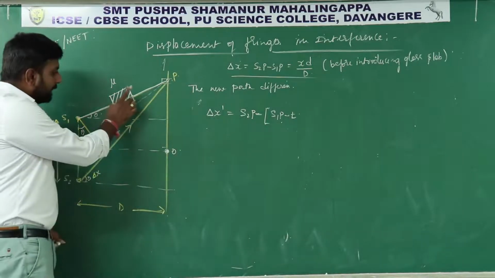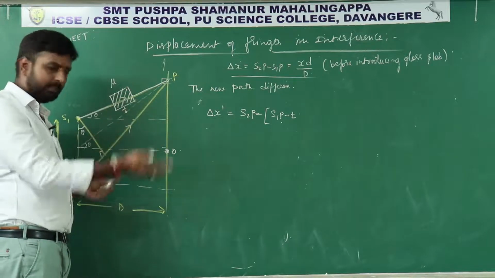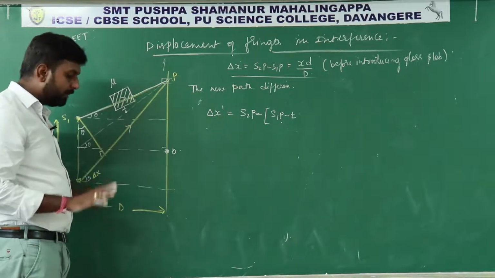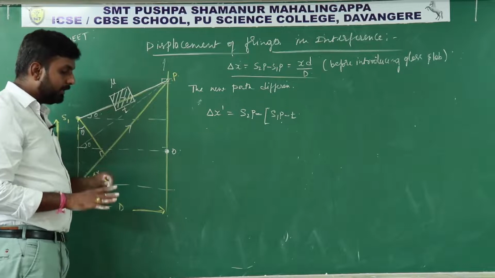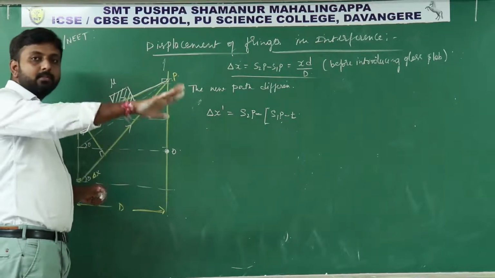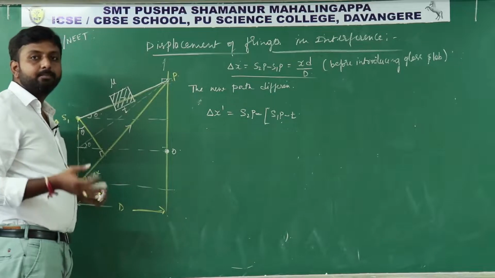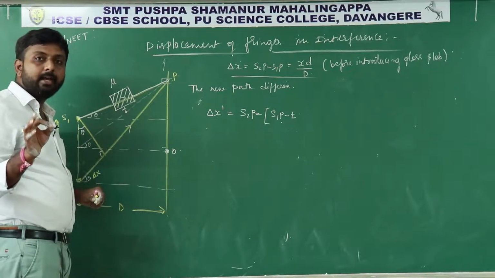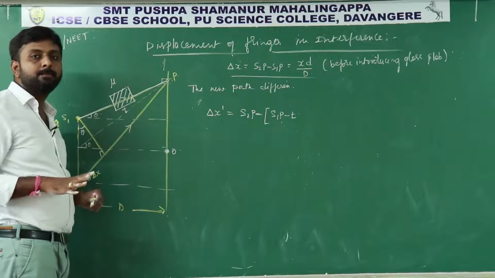But what we have to neglect is this distance; the distance travelled in glass medium we cannot neglect. We have to convert the distance travelled in glass medium into distance travelled in air medium, which means we have to find the equivalent air distance.